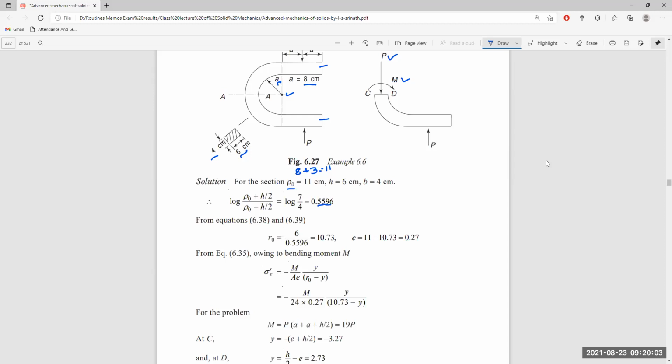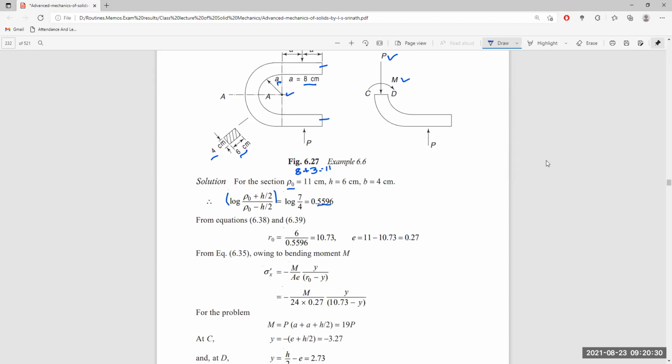Now, what will be R0? As per our earlier discussion, R0 will be the height of the section, H, equal to 6 divided by this expression, log of (rho 0 plus H by 2) divided by (rho 0 minus H by 2), which is 0.5596. So this is equal to 6 by 0.5596, equal to 10.73.